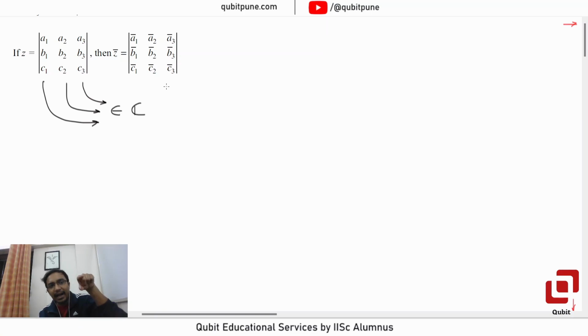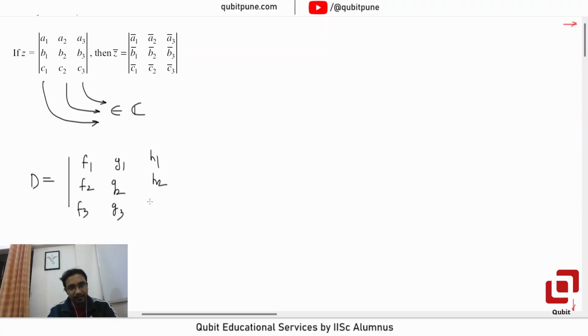Now the reason why I included this is we usually have determinants with the differentiation applied to one row each. For example, if we define a determinant, let's say capital T, by f1 g1 h1, f2 g2 h2, f3 g3 h3, where they are functions of x, what is the derivative of this determinant? It's not the determinant of the derivative, if you remember.